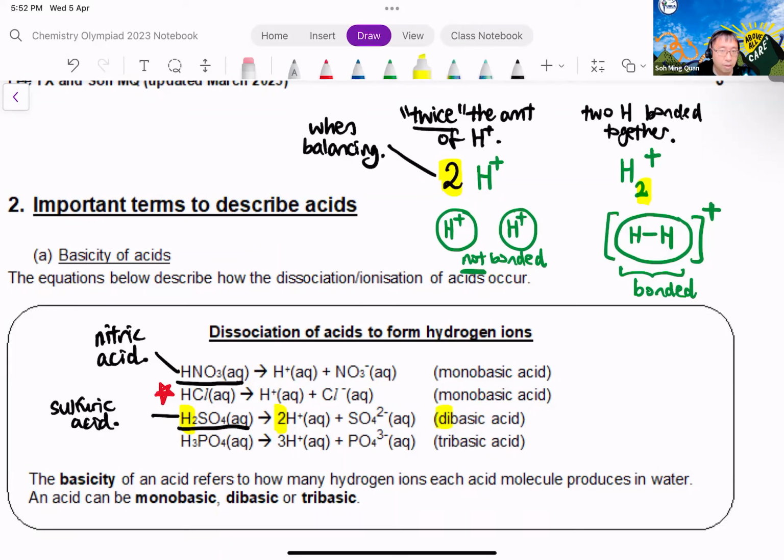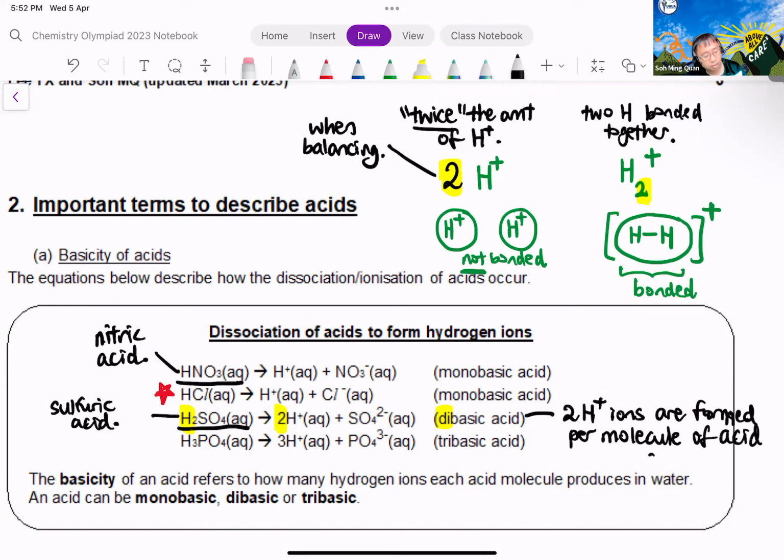Dibasic means 2 H+ ions are formed per molecule of acid dissociated. So one H2SO4 molecule produces 2 H+. That's the meaning of dibasic.